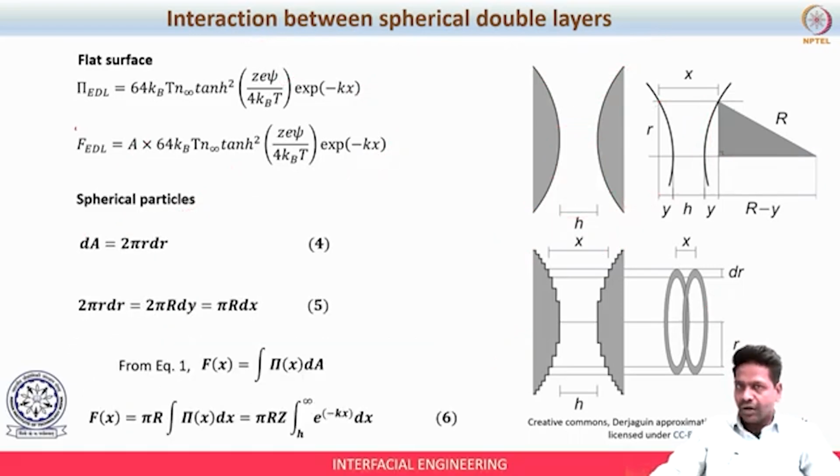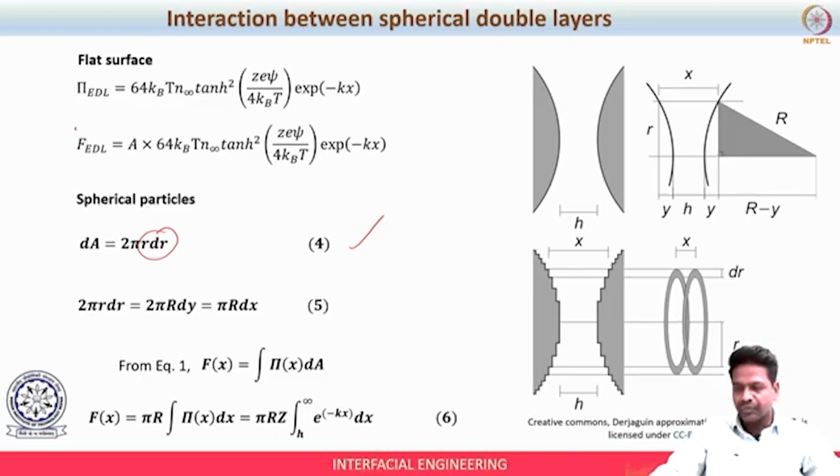Now, all we need to do is get dA, the change in area, which is 2 pi r dr, but this is not desirable for us. We want to convert this r dr, because r dr is unknown for us and it is not easy to always get.